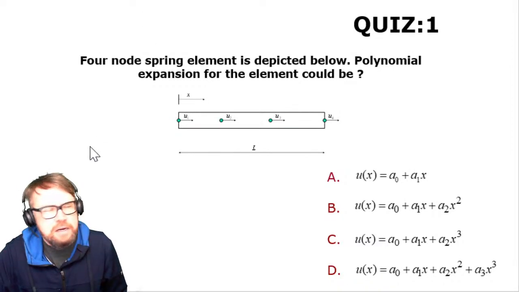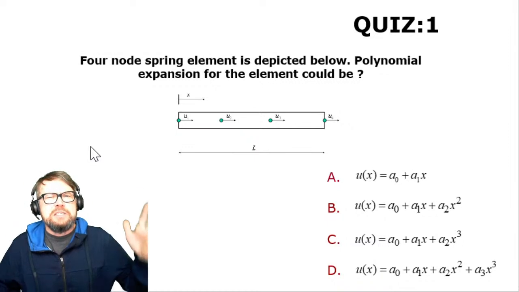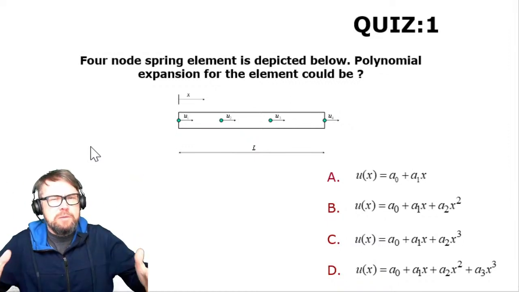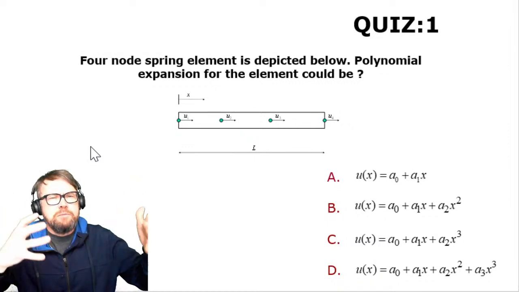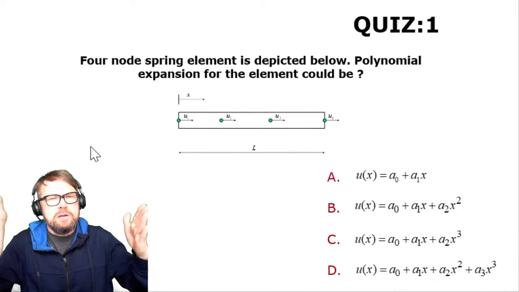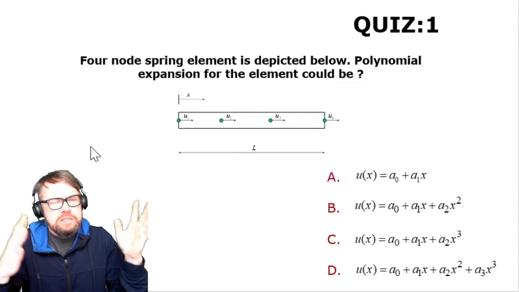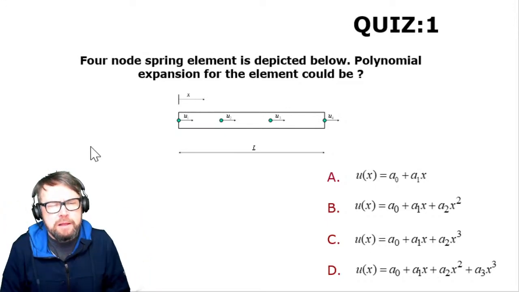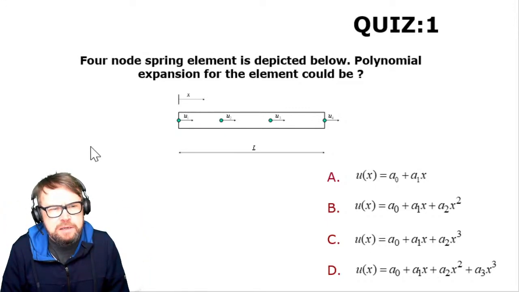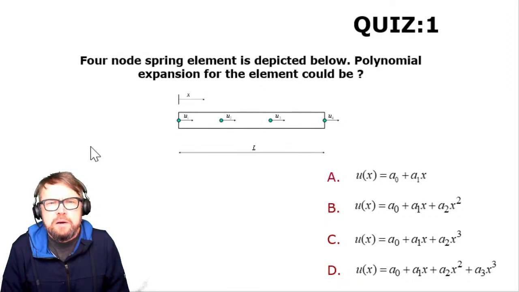Okay. Now we know that we have polynomial expansion, and this is extremely important. So we know how the particles are behaving when one node is moving in a certain direction. So we know how the deformation is within the element. What can we do with this information? Well, we can do quite a bit.